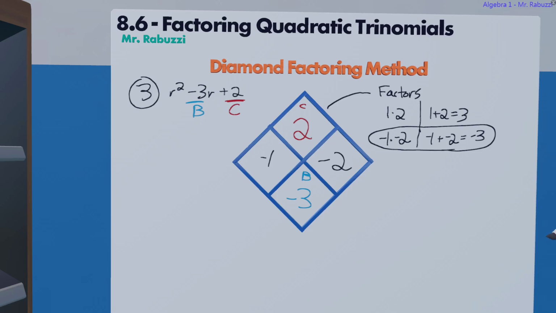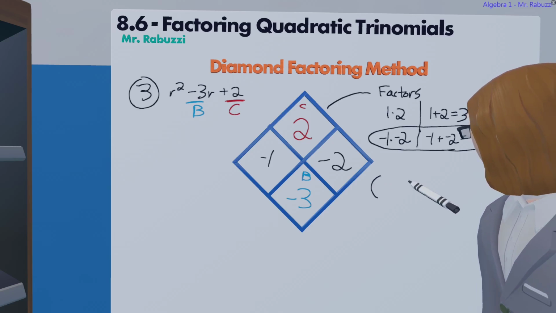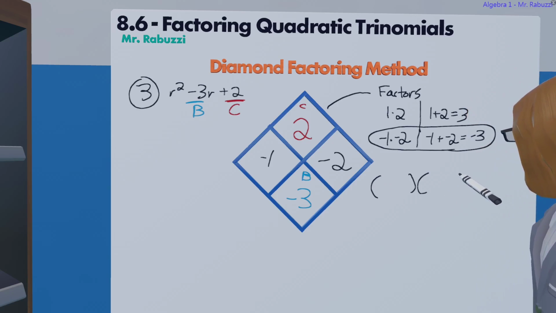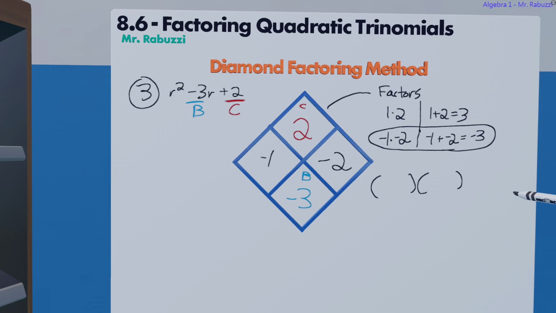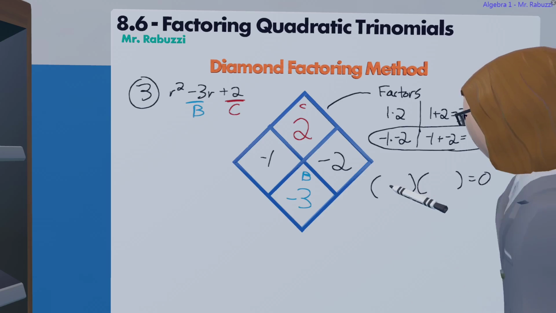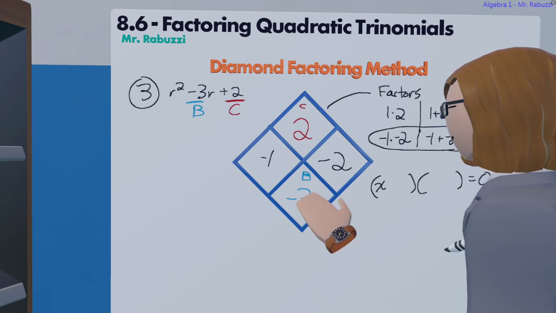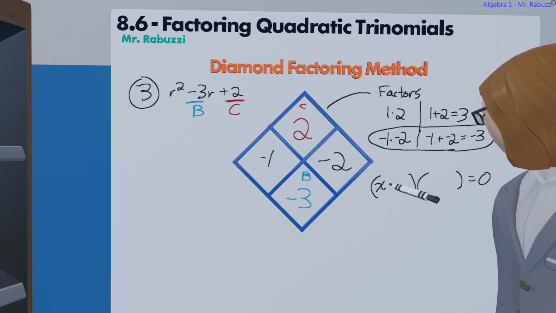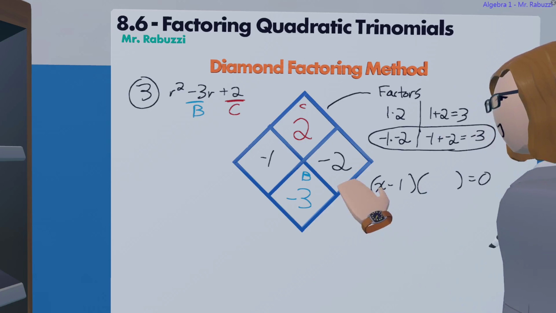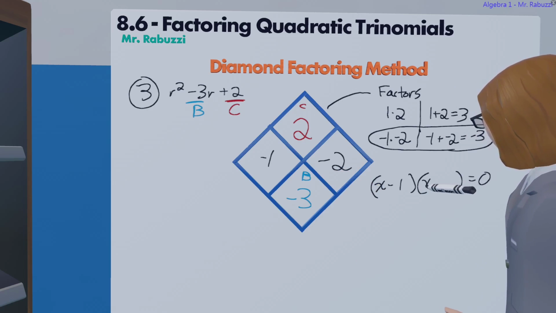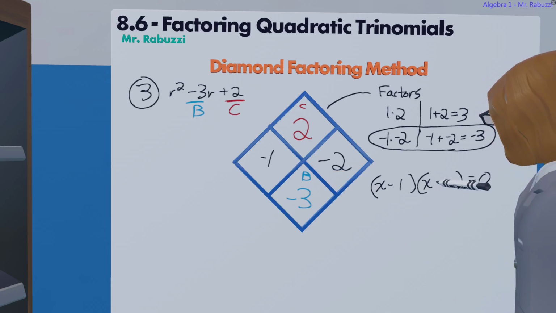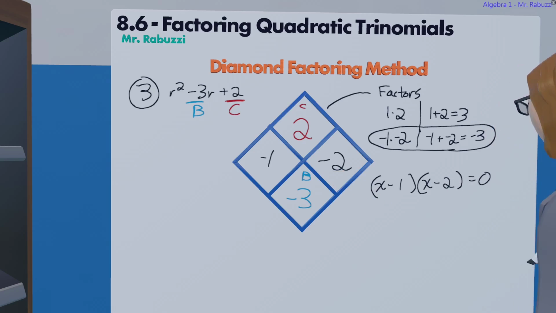Now we make our factors. Make our parentheses. We're going to have 2 parentheses empty, and we're going to make it equal 0. The first one is x and the left number, -1. And then the second one is x and the right number. Okay.